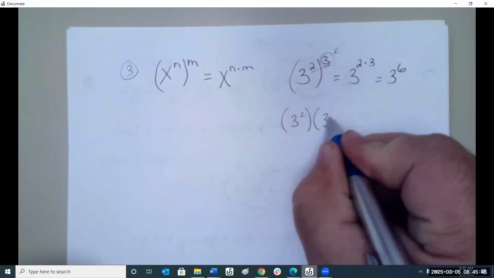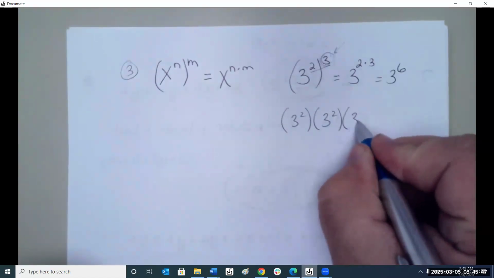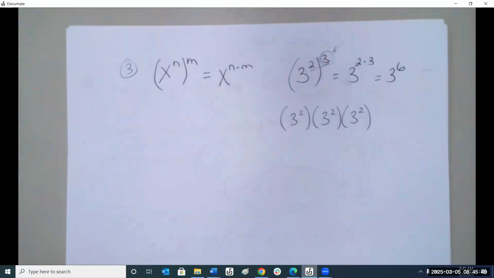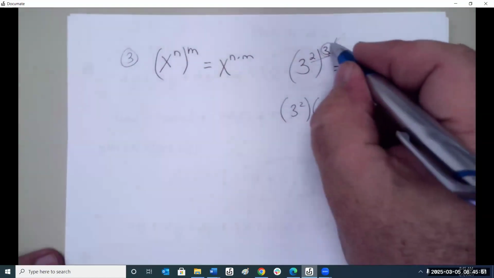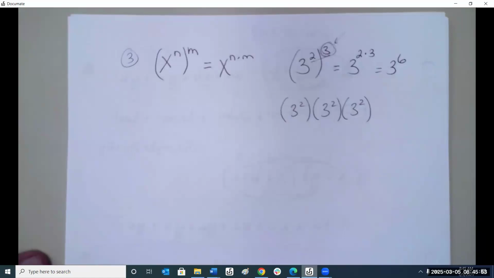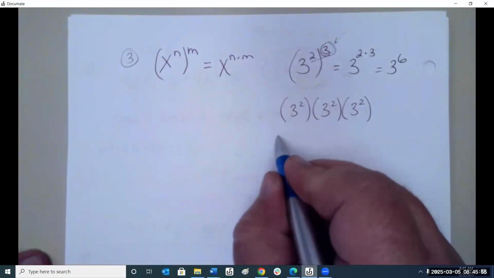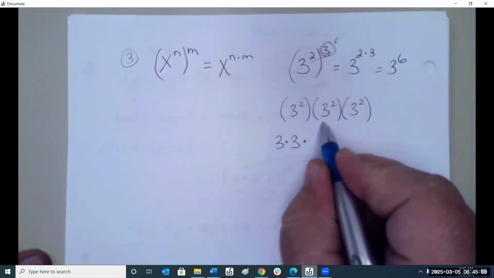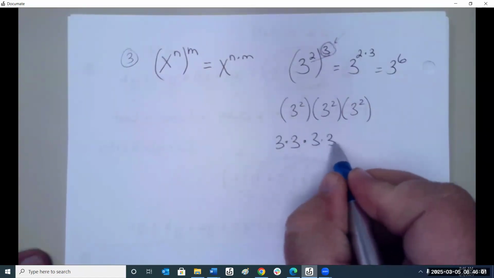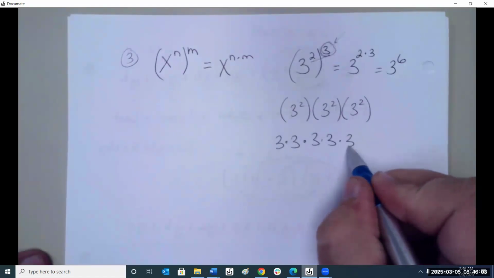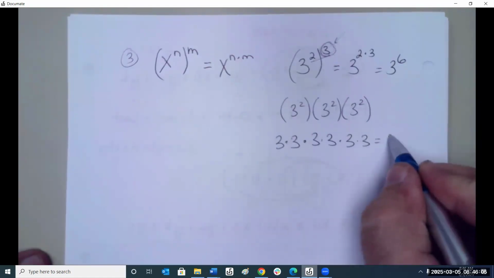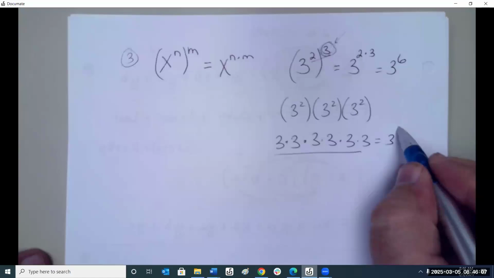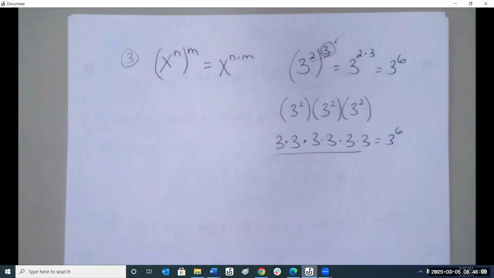So we get 3 squared times 3 squared times 3 squared. It happens 3 times. Well, what is 3 squared? It's 3 times 3. This is multiplied. 3 times 3. They're all 3s, and we have 6 of them. So that's a shortcut for doing that.